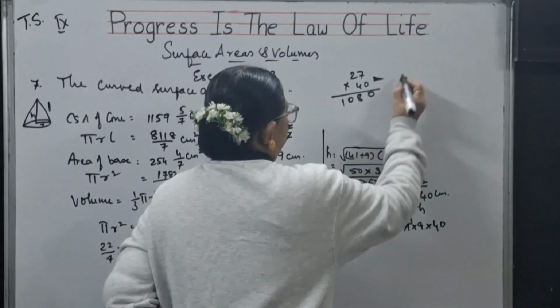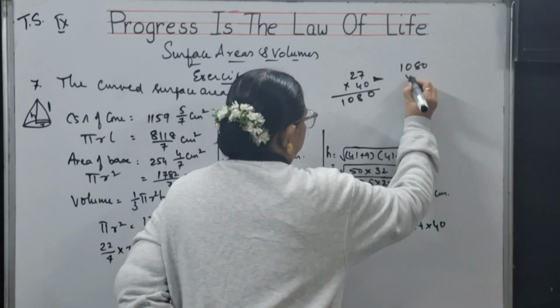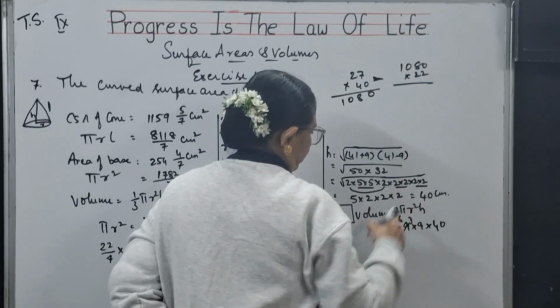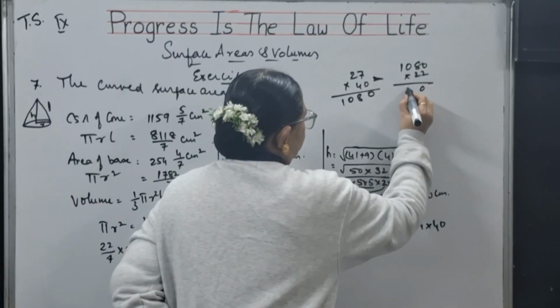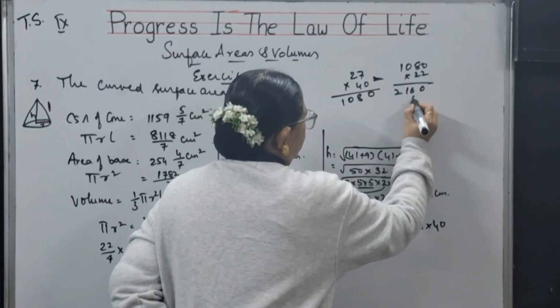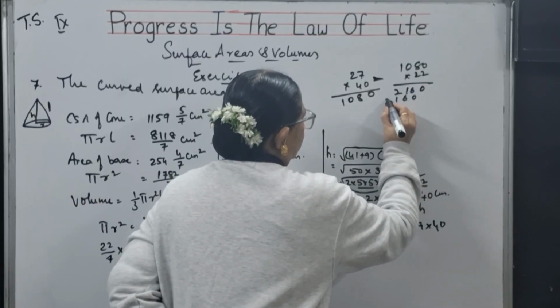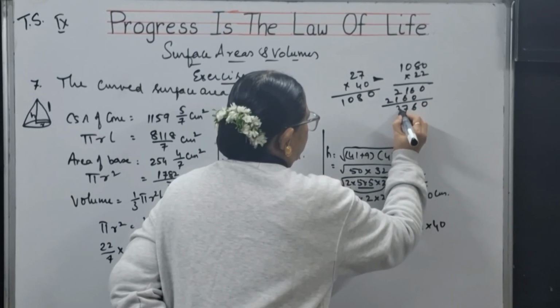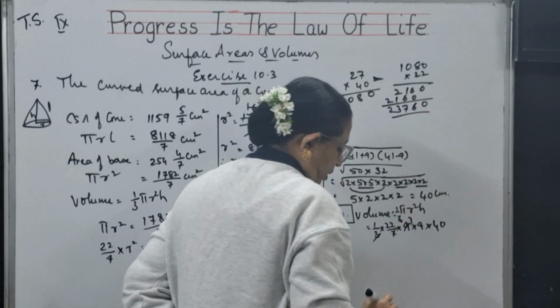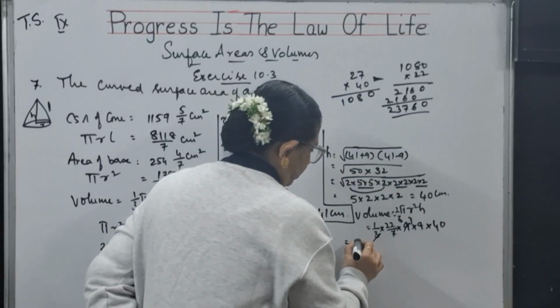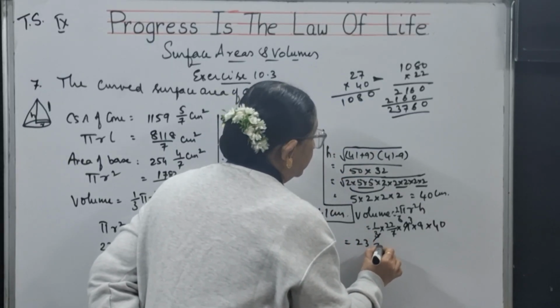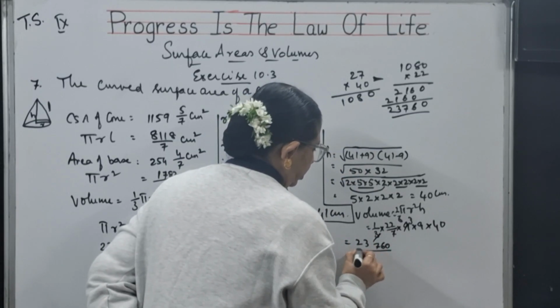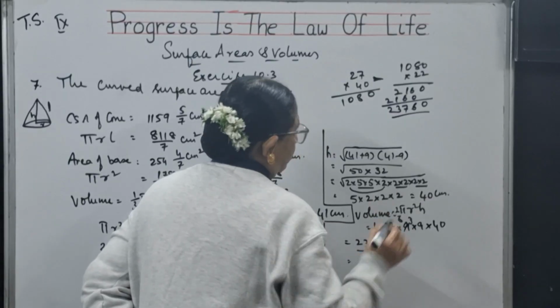Now I have to multiply 1080 with 22. This is 22: 0, 2 8s are 16, 2 1s are 2, 0, 2 8s are 16, 2 1s are 2. So 0, 6, 7, 3, 2, that is 23760 by 7 I am getting.